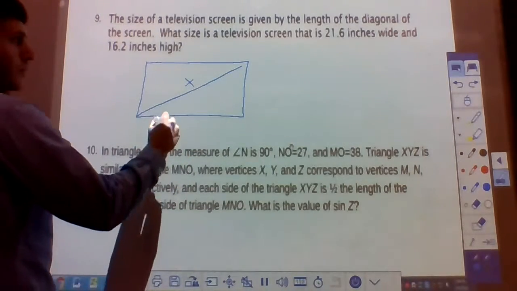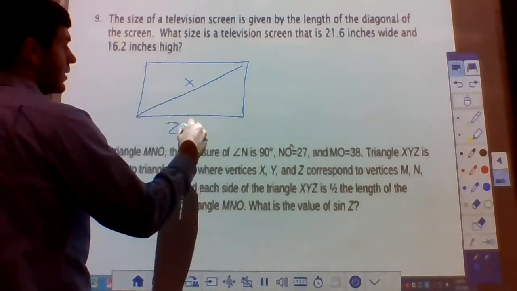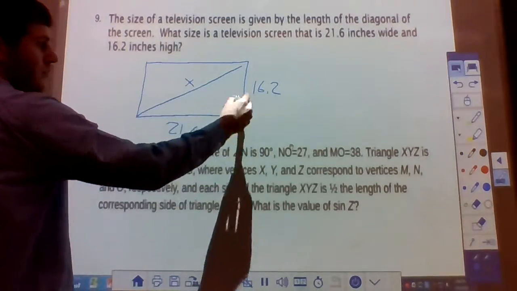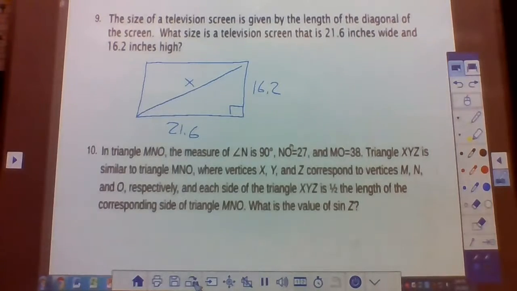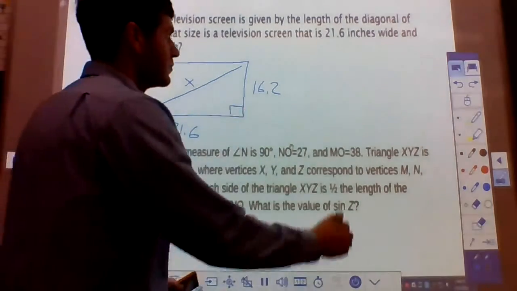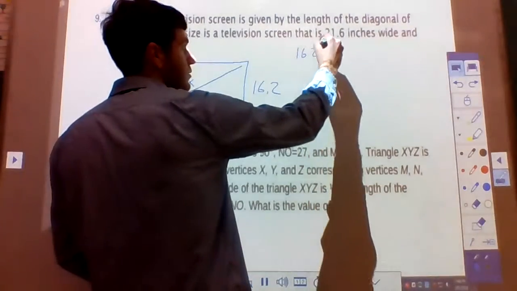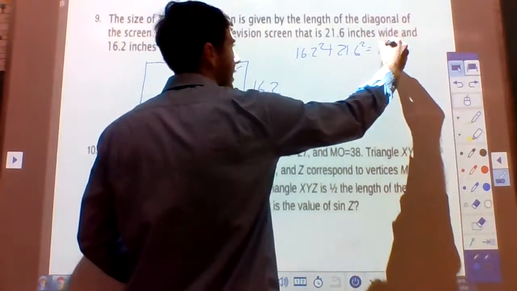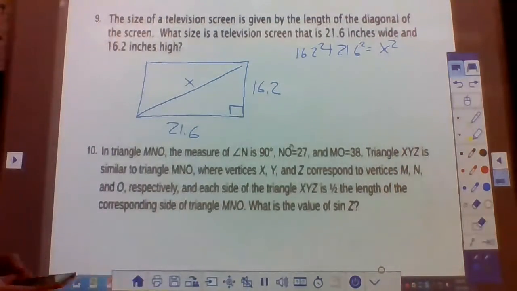It's saying that it's 21.6 inches wide and 16.2 inches high. So again, we have a right triangle. If we have two sides and we want to find the third, we need to use the Pythagorean theorem. So the two legs are 21.6 and 16.2. So 16.2 squared plus 21.6 squared equals x squared, which is our hypotenuse.